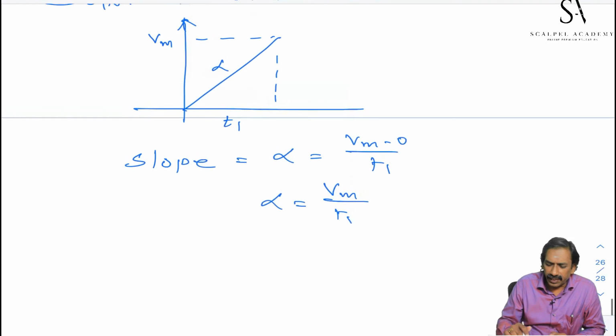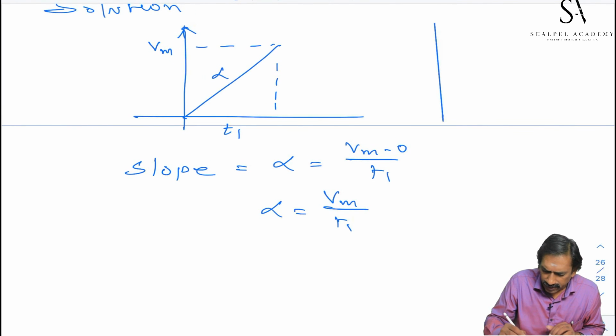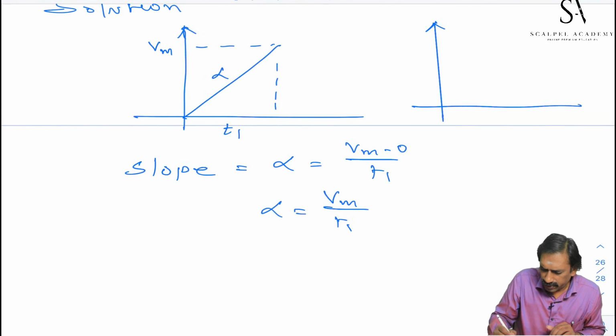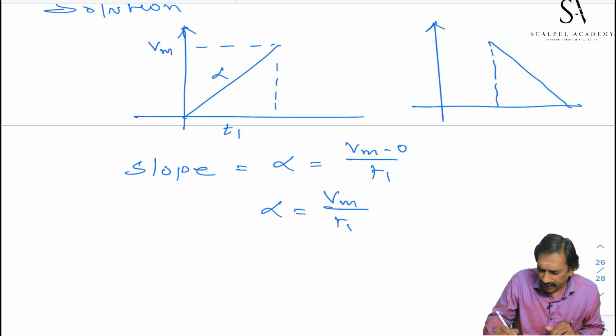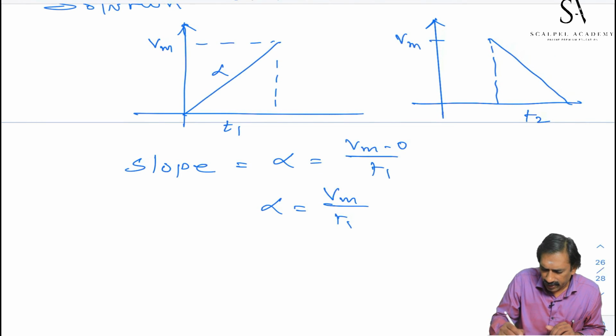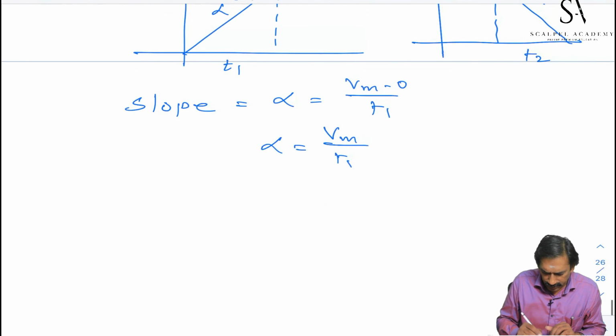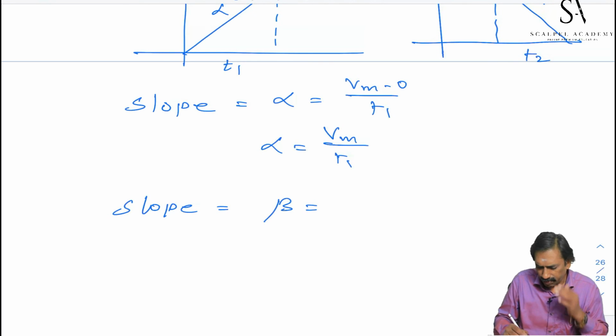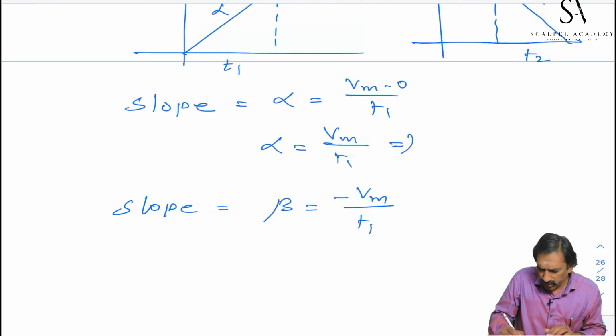Let us take another slope. From here, from maximum velocity in t2 second it reaches the 0 velocity. Here slope is negative, deceleration is beta, slope of that second graph beta is equal to minus Vm by t2, from which you can calculate t2.